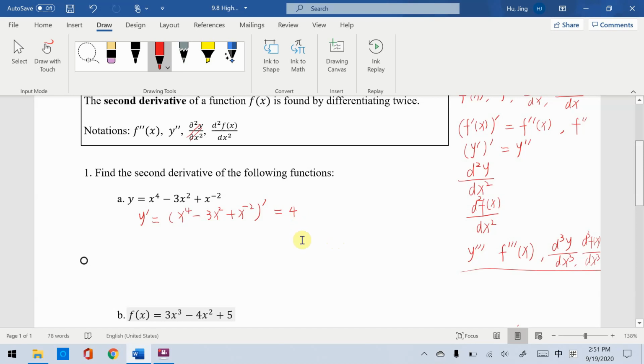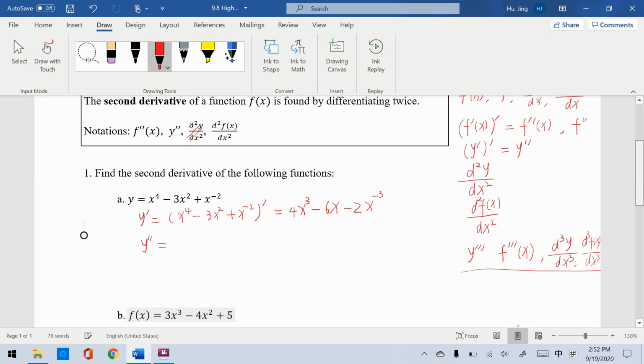The first is 4 jumping down, then 4 minus 1, the exponent x cubed, then minus 3, then times this 2 jumping down is 6, then this 2 minus 1 is just 1. And minus 2, the negative jumps down, x to the negative 2 minus 1 is negative 3. So that's the first derivative.